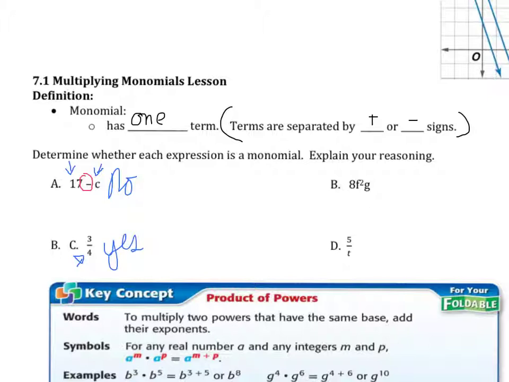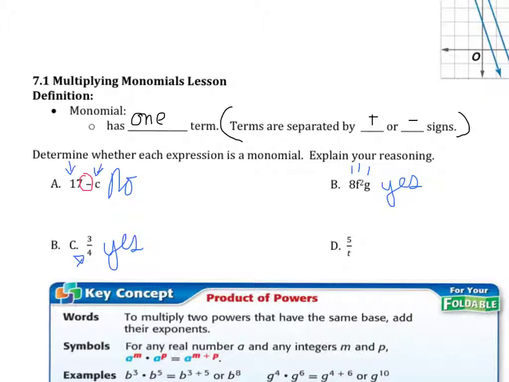For our next one, it looks like the product of a number, 8, a variable, f to the second, and another variable, g. So we can go ahead and say that, yes, this is a monomial because it's the product of a number and variables.